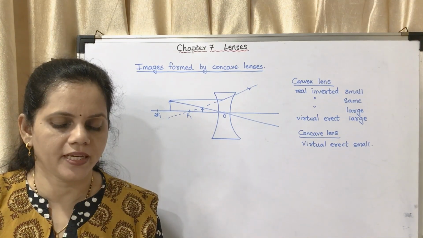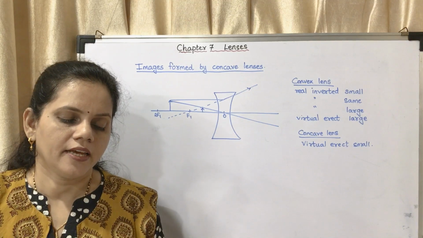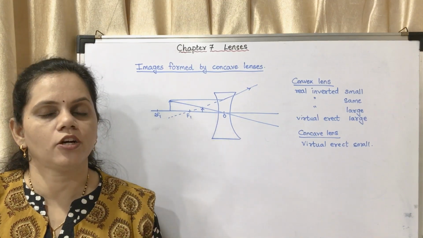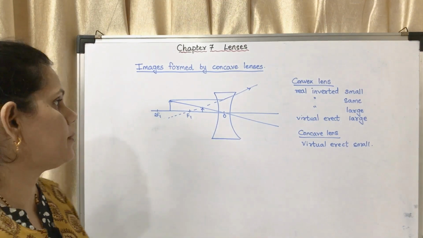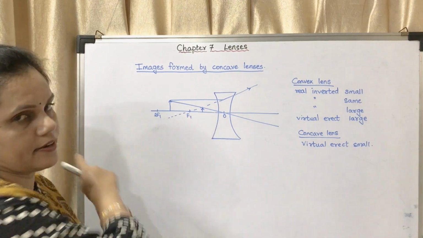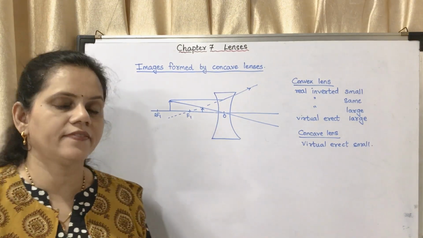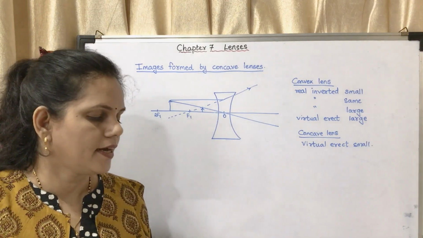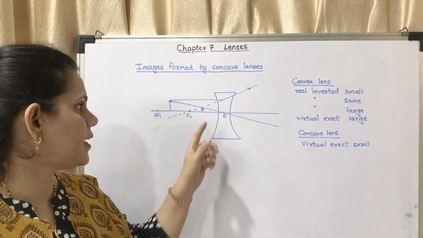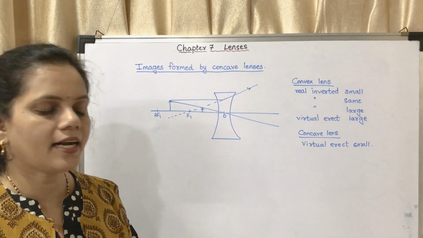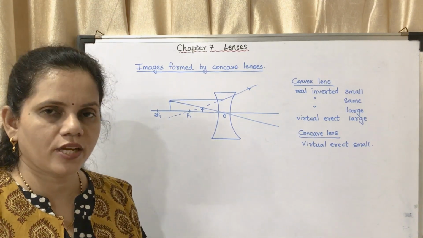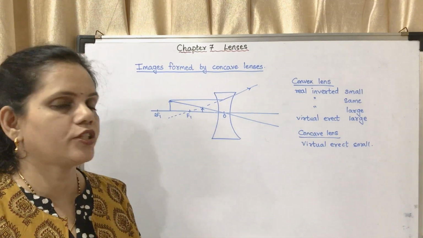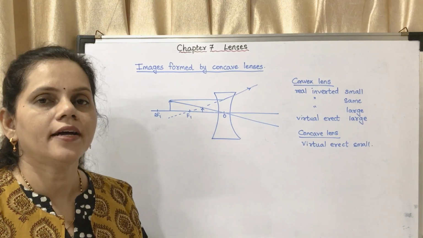The nature of the image is virtual and erect. If the object is anywhere between optical center and infinity, the image is in between optical center and f1. The size of the image will be small and the nature of the image will be virtual and erect.